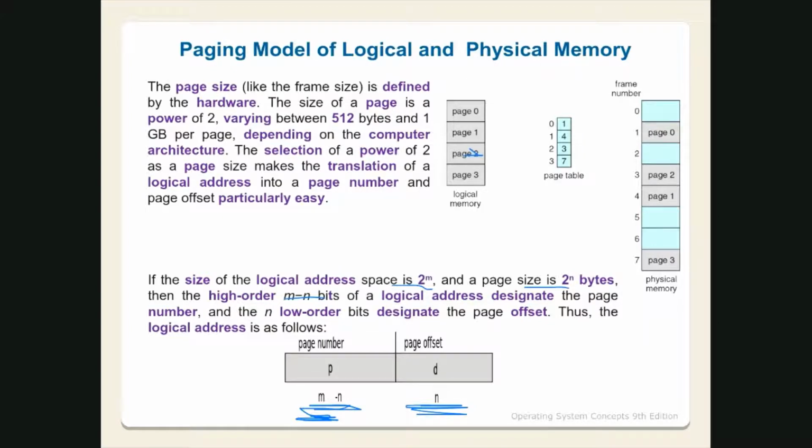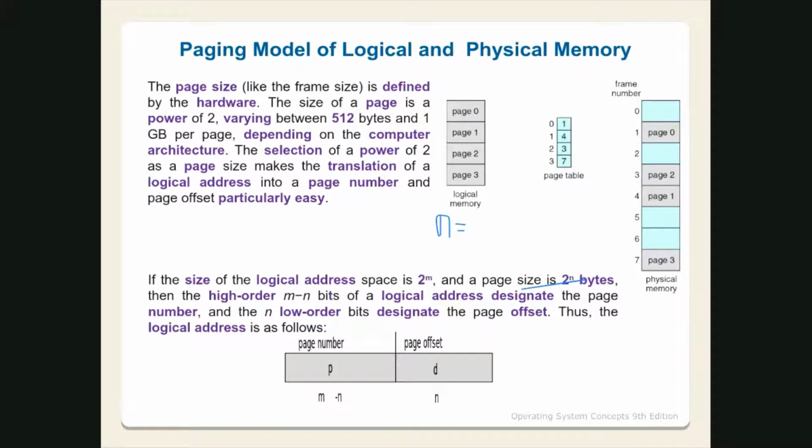Let me give an example. Don't worry about the address space, ignore it. Let's consider the page size, which is 2 power n. Let's assume your n is equal to 3, a simple example.